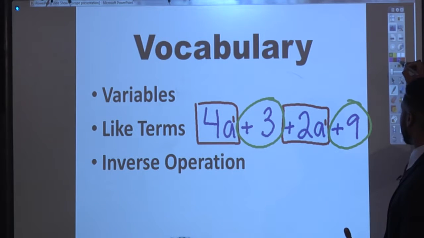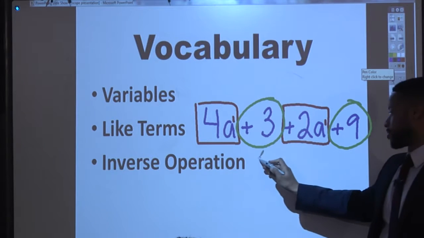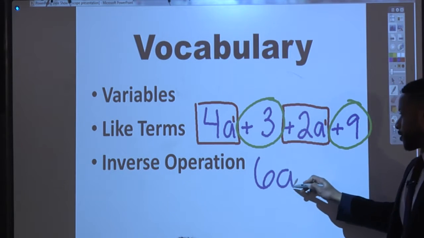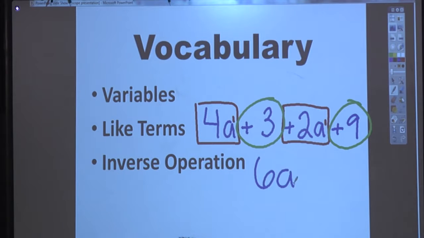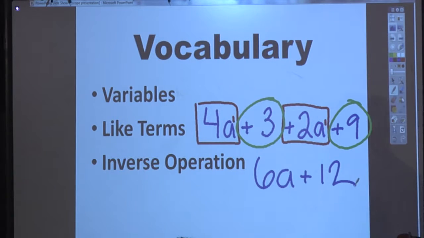So let's combine them. 4a plus 2a gives us 6a. And then 3 plus 9 gives us what? 12. Good. So this is what we call combining like terms.